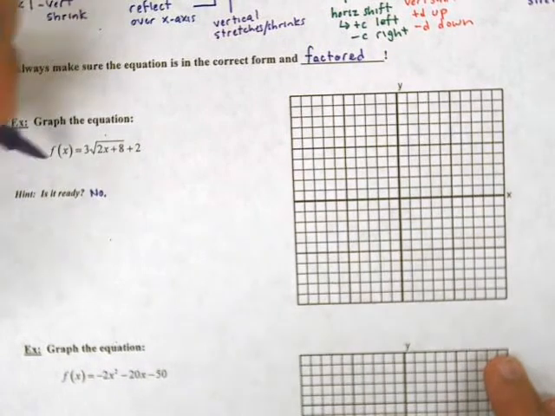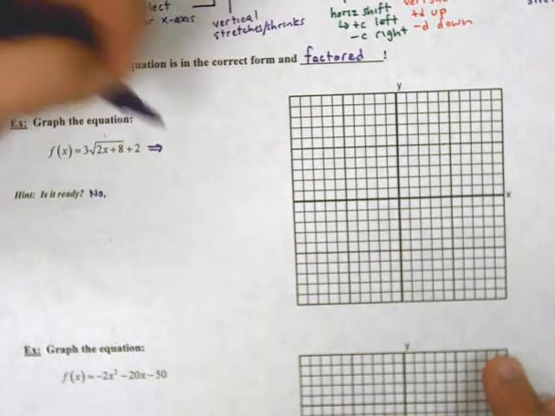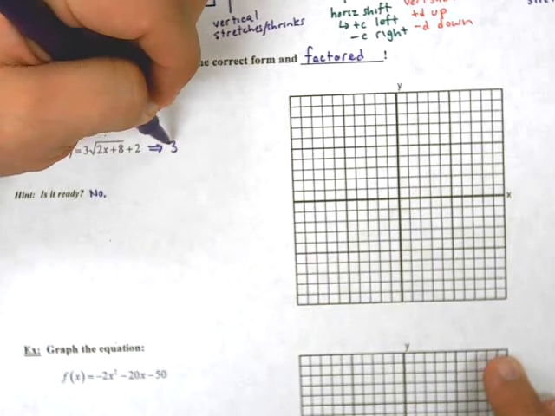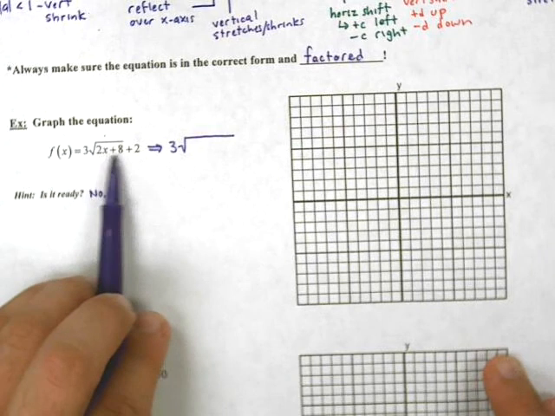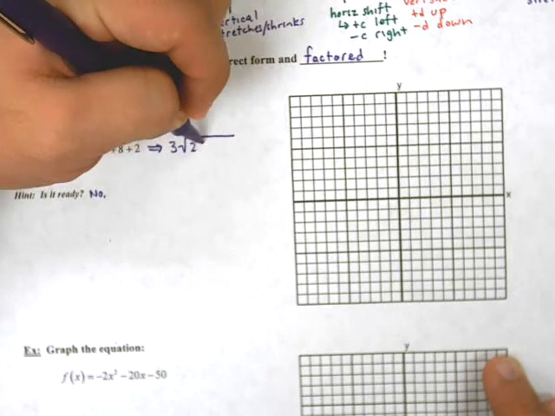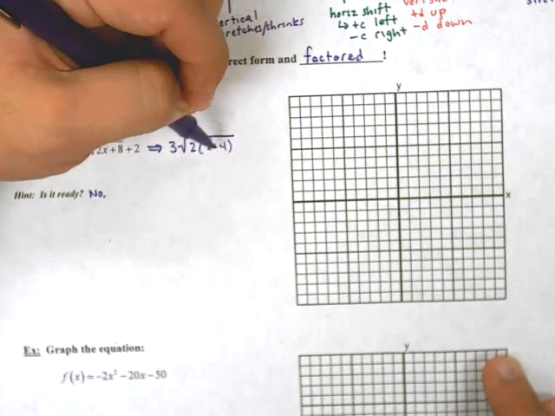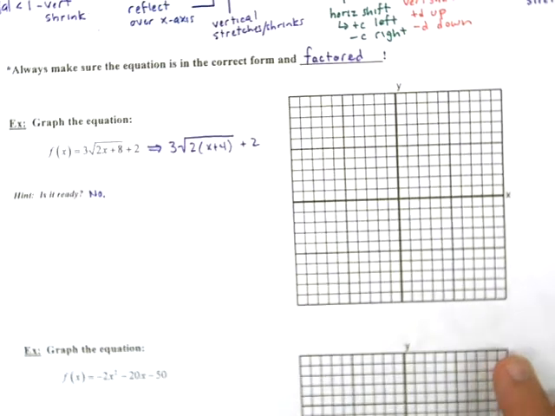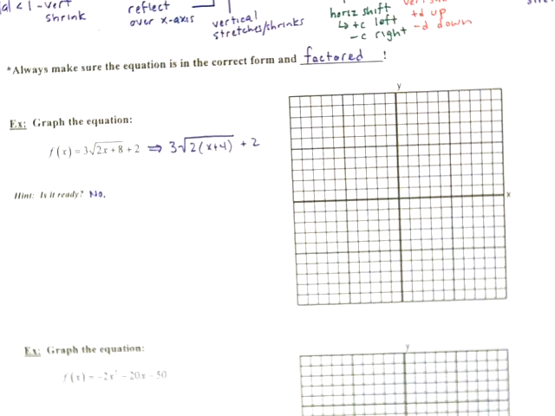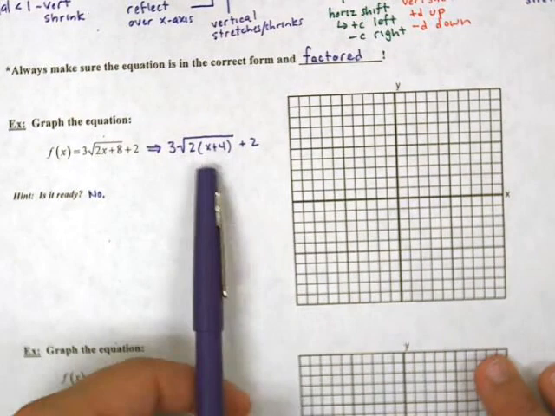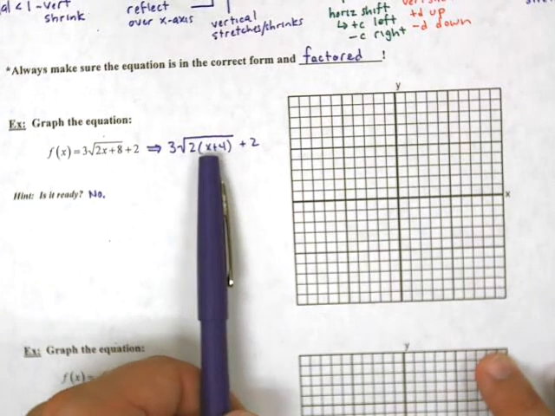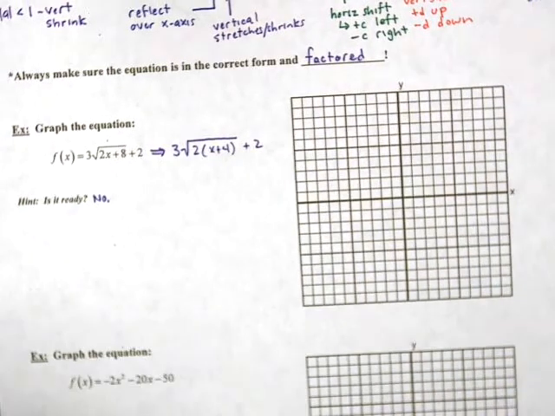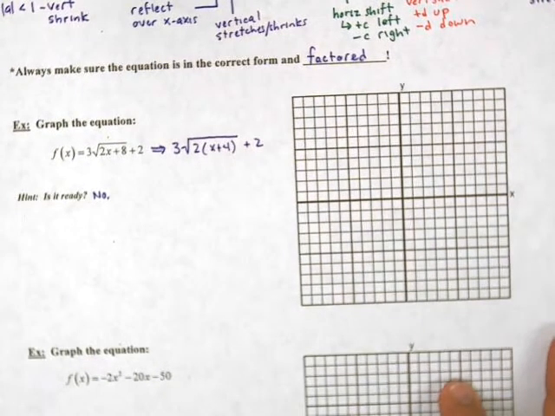So what does that mean? Well, let's take a look. I can definitely factor out a 2 from inside the function. If I do that, now I am ready to go. Again, remember, I always want to have that coefficient of 1 with the x. Because now I can see all of my different transformations.